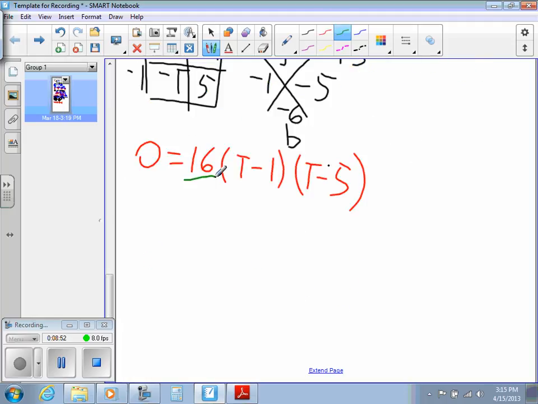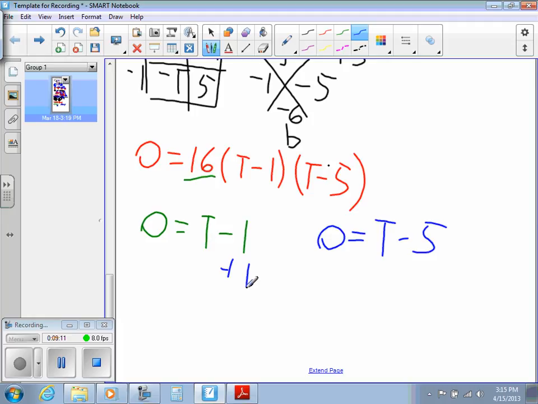I don't have to worry about this 16 as there's no variable there, but I'm going to get 0 equals t minus 1 and 0 equals t minus 5, and I'm going to solve each of these. Add 1 to both sides, and I've got 1 equals t, and over here I'll add 5 to both sides, and I'll have 5 equals t.